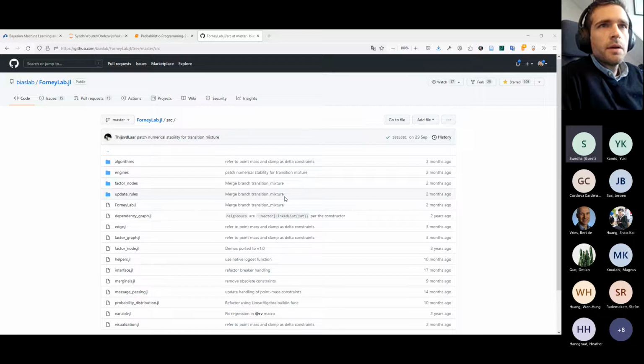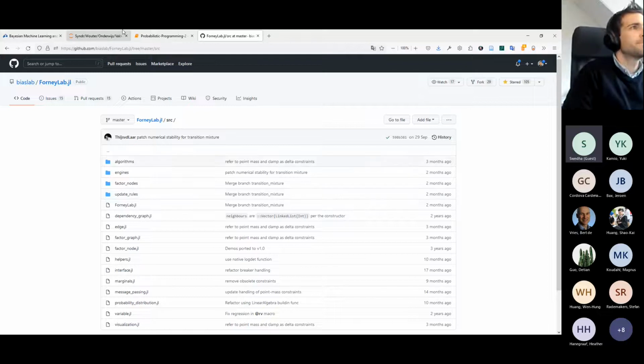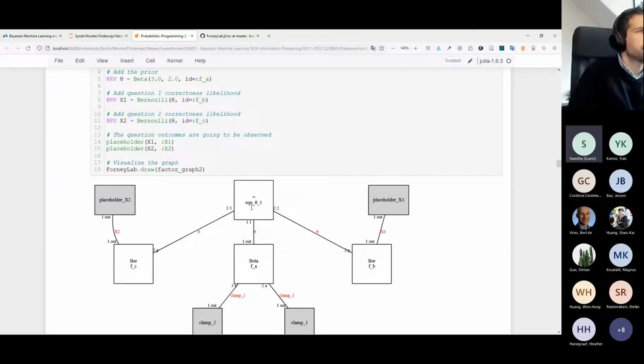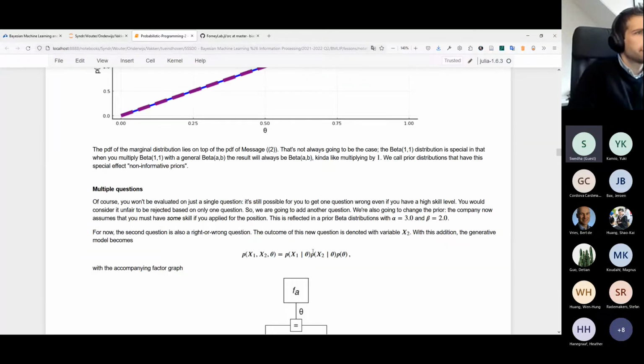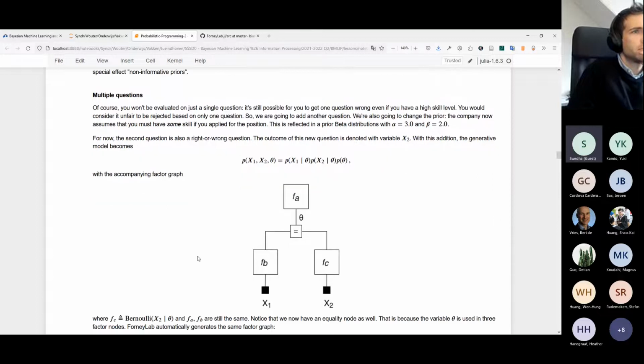Yeah. Hi. So I had a question regarding the graphs for multiple questions for the job interview. So we had a simplex graph, if I'm not wrong. This one? This is the multiple questions. Yes. Could you scroll down, please?